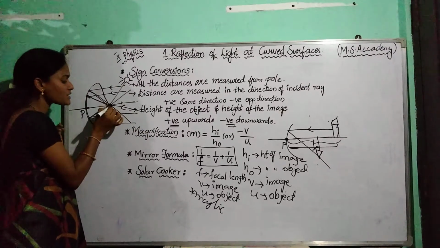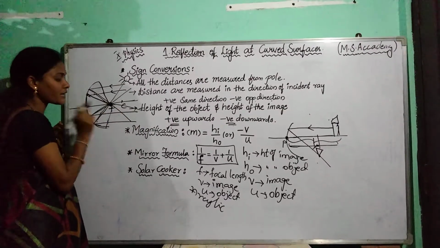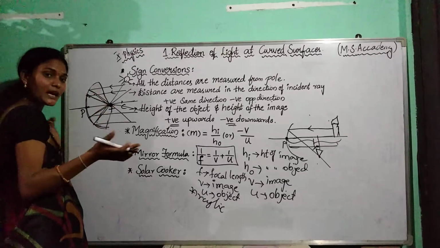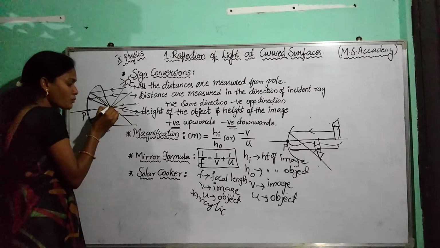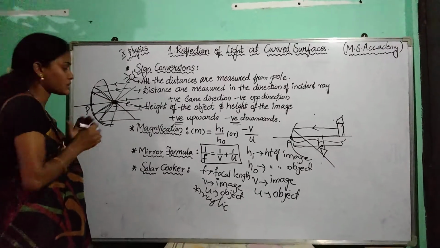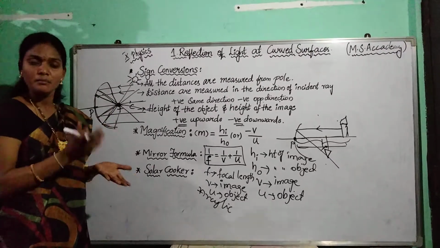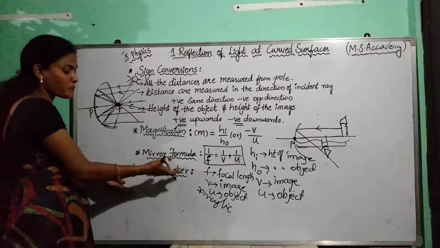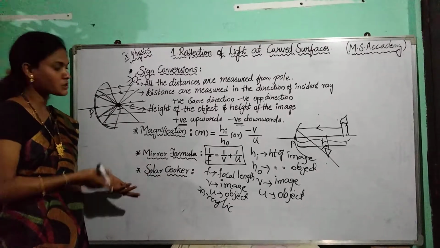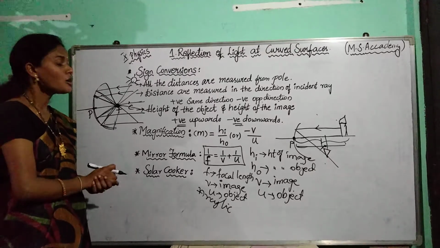The point of intersection of the reflected rays is called the focus. So if you take a bowl of rice and put it at the point of intersection of the reflected rays, it starts burning and the rice gets cooked. In this way we can prepare the solar cooker by ourselves. It is a very easy process.